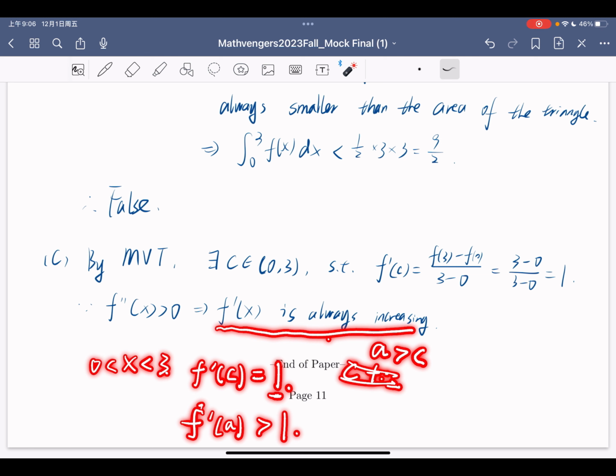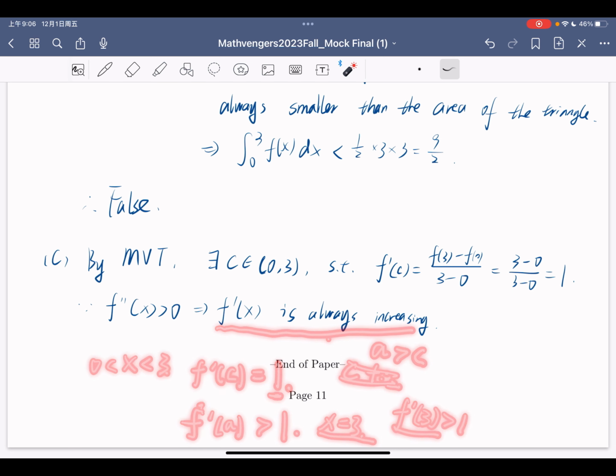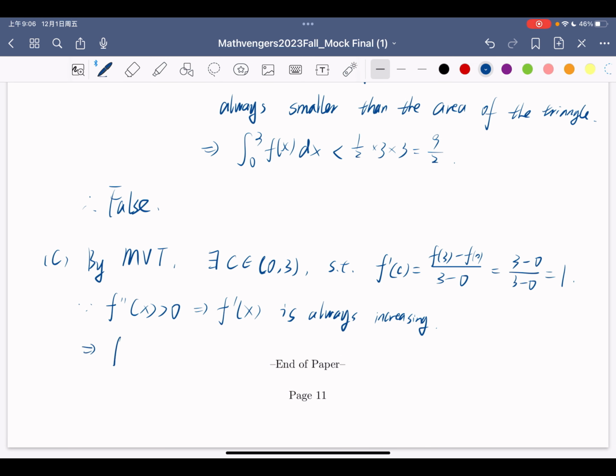So at x equal to 3, f'(3) should be greater than 1.